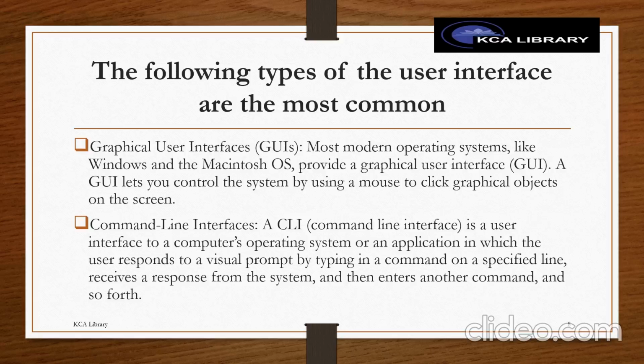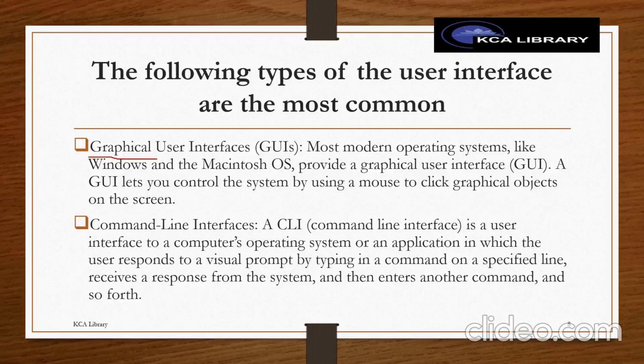So let us look at user interface types on the operating system. We have the graphical user interface, which is mostly used in the Windows operating system. This is whereby you look at everything as a graphical icon. For example, if it is a folder, it has a folder icon.